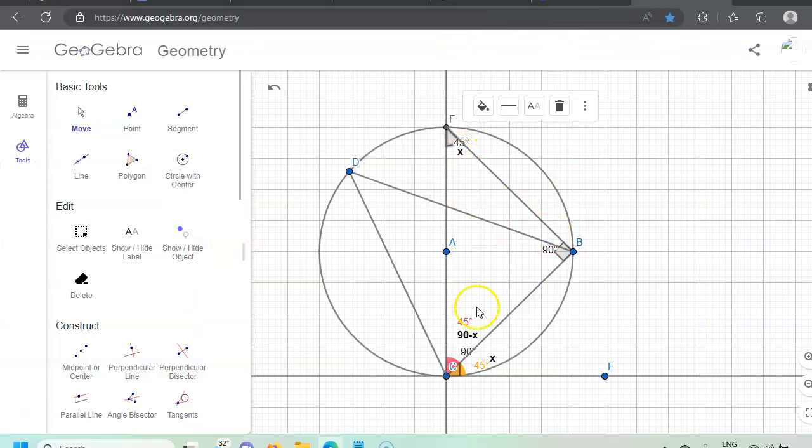So CFB is 45 degrees, so CGB will also be 45 degrees. Alright, so we have just proven that the angle formed with the chord CB and the tangent line CE, that's 45 degrees, is equal to the angle at the alternate segment.